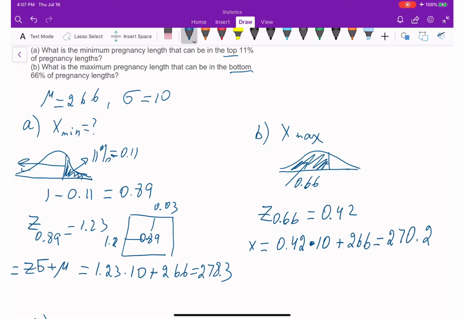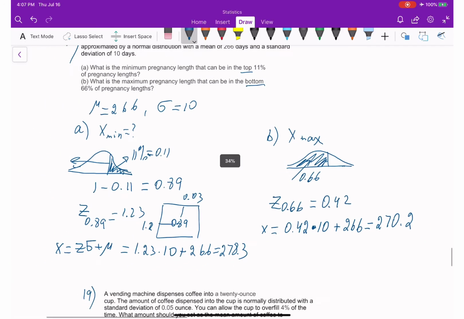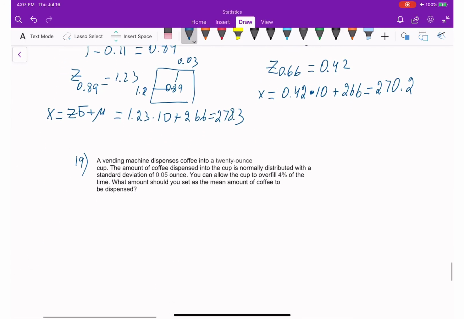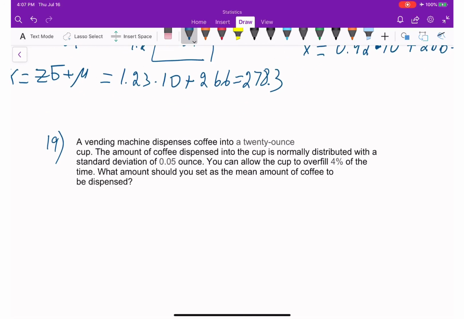All right, next one, number 19. A vending machine dispenses coffee into a 20-ounce cup. The amount of coffee dispensed into a cup is normally distributed with a standard deviation of 0.05 ounce. Do you see the business examples of how much you can benefit from the statistical problems?